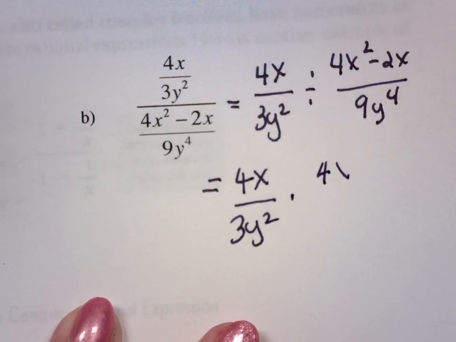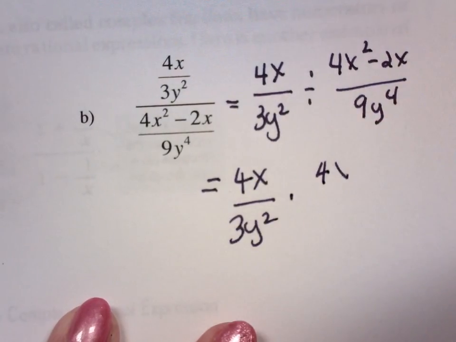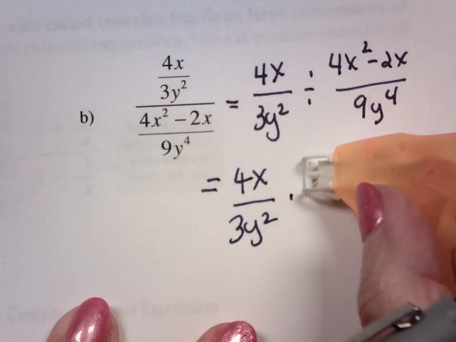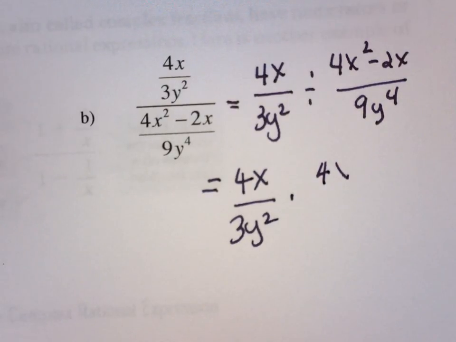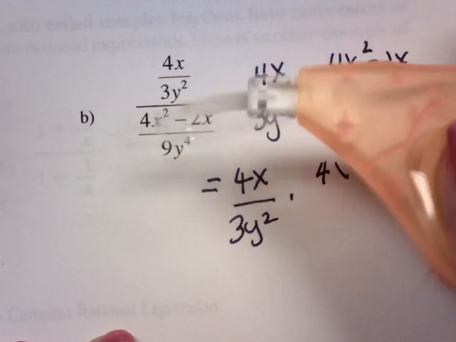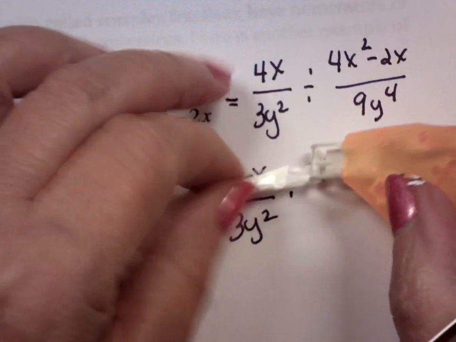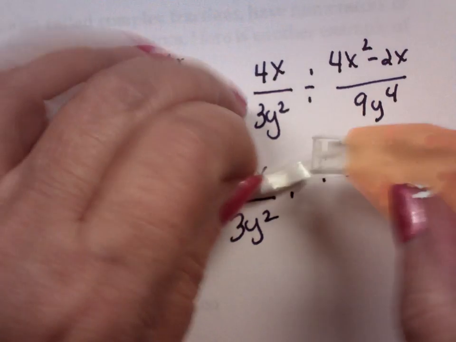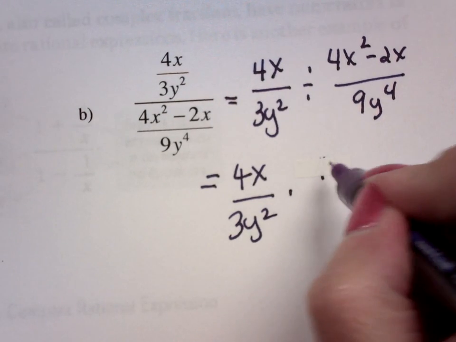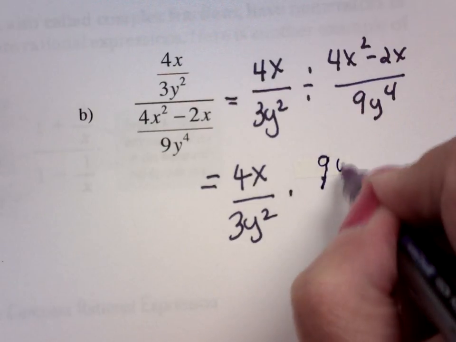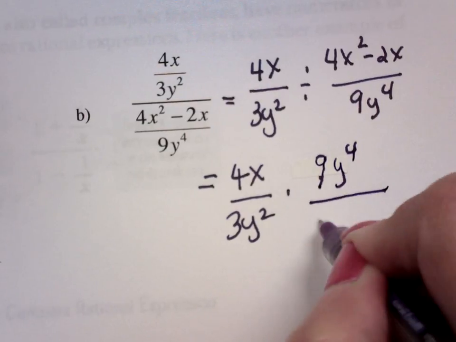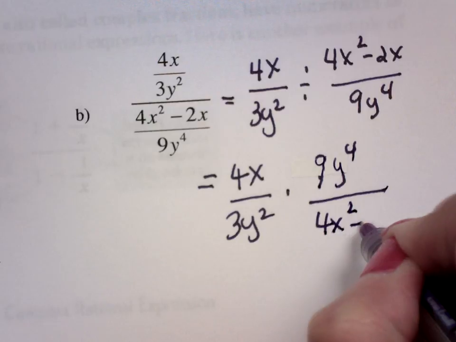We're already in the white tape world. And I've screwed this up. So this is 9y to the fourth over 4x squared minus 2x.